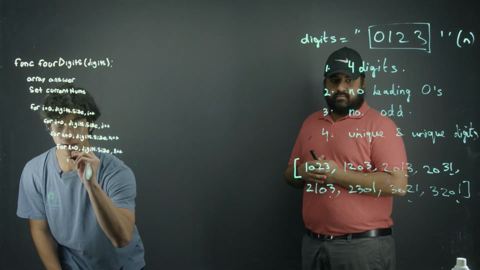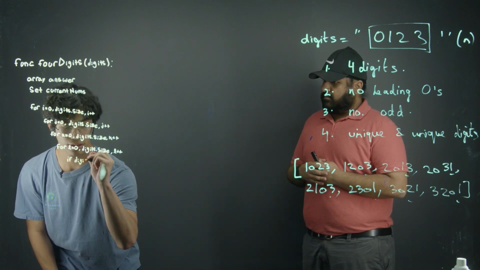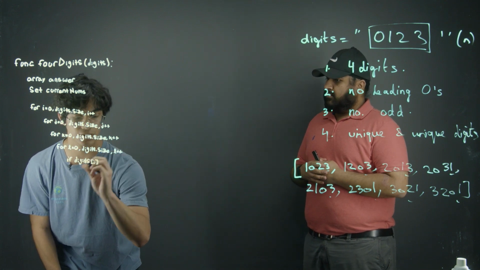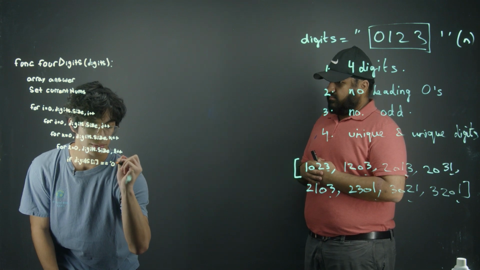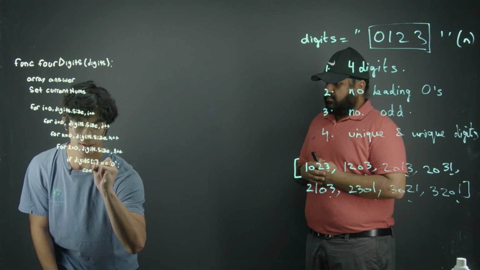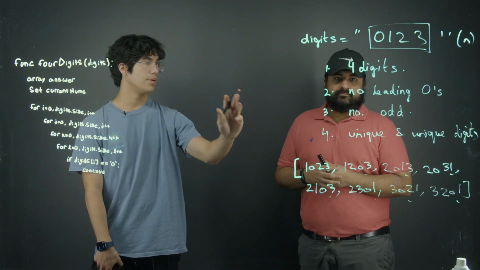So if digits[i], which is the character at i, is a 0, then we're just going to continue because we don't want to consider that number.